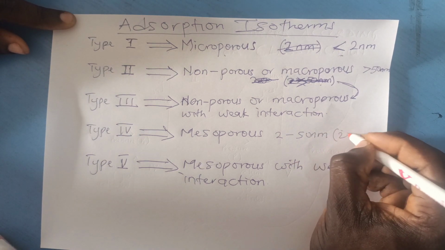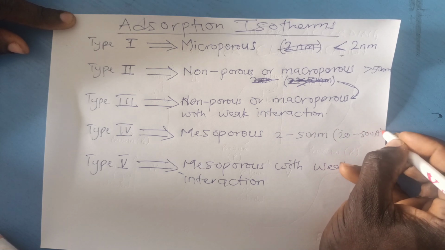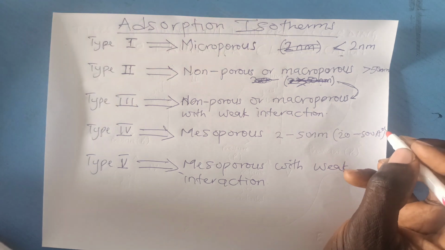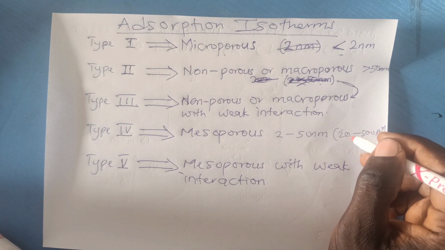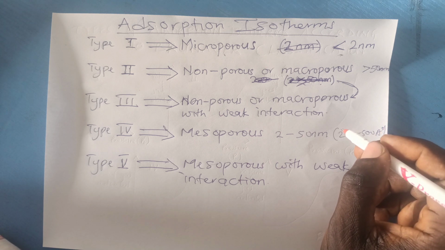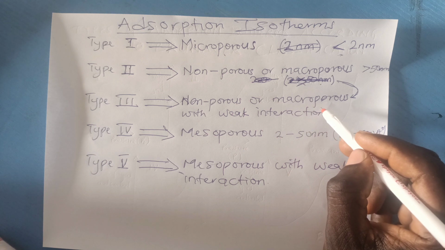This is about 20 to 500 Angstrom. Within this range, you will be having mesopores, whereas pores greater than 50 nanometer are called macropores.